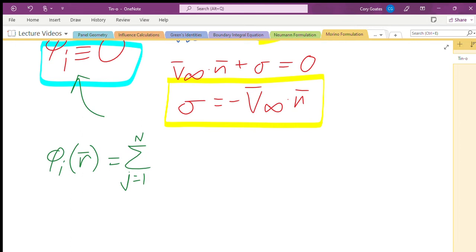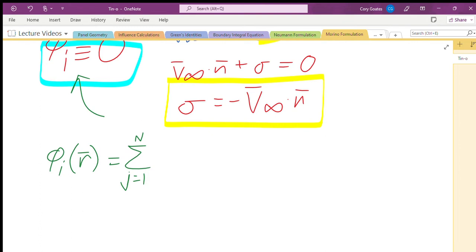Now remember, the Laplace equation that we're solving here is linear, so if we have a combined source and doublet panel, we can calculate the source influence, calculate the doublet influence, and then overlay those. It's the superposition principle, which works because our governing PDE is linear.